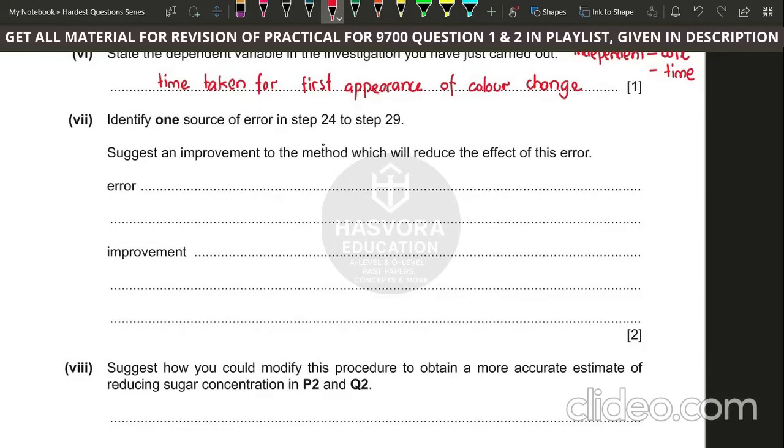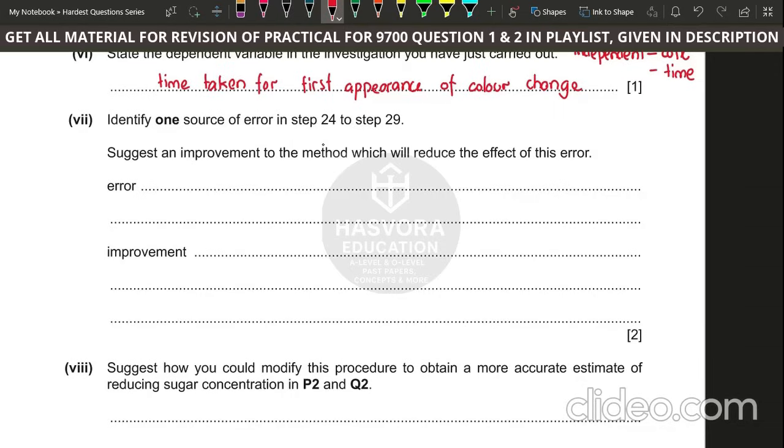And you can also write that when you take the solution from the external solution, the one that has been diffused to, it is actually not mixed well. It has unequal mixing, because when it has been diffused to, not every region will have the same sugar solution. So what you can do is ensure that proper mixing happens, and then take a solution from that.